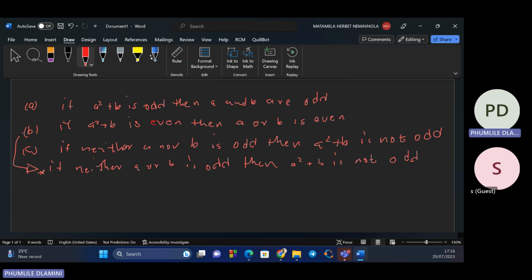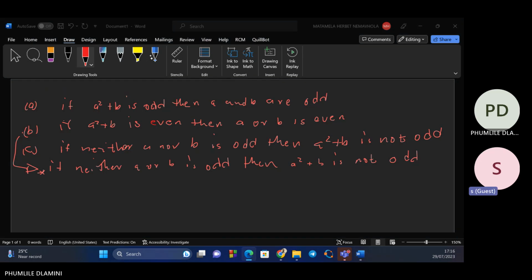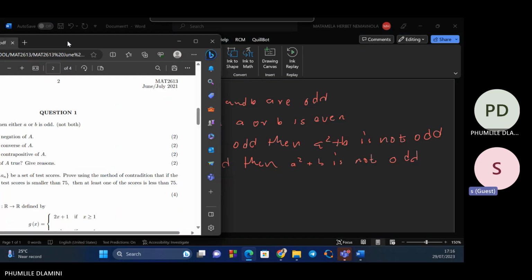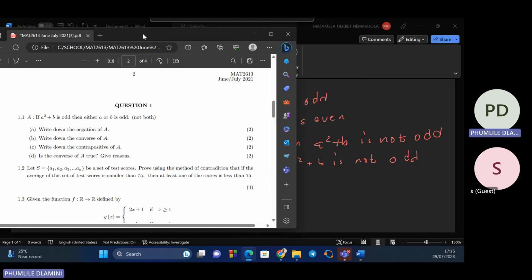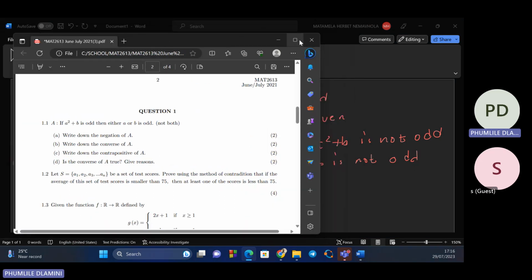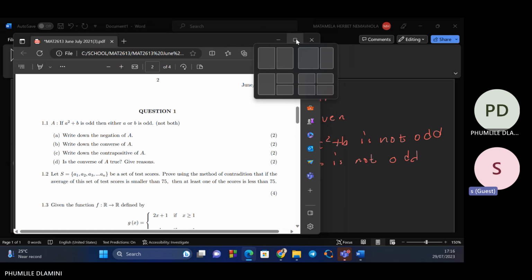So let's move to the question number. I think I found the memo. I don't think this is right. Okay, what is the memo saying? I'm sending it to you.